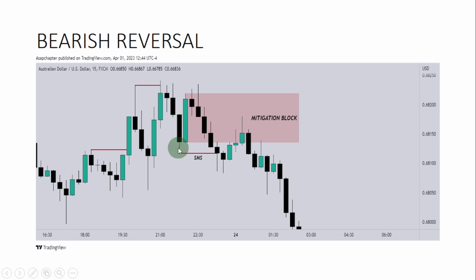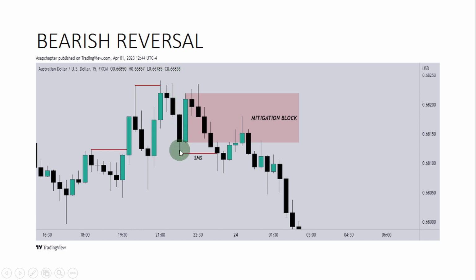After every proper pullback like we see here, what do we expect? We expect price to continue to break the last high, right? As you see here, we pull back, we break this last high, make a new high, pull back, break this last high, pull back. After this pullback, we expect price to continue going higher to break this last high.